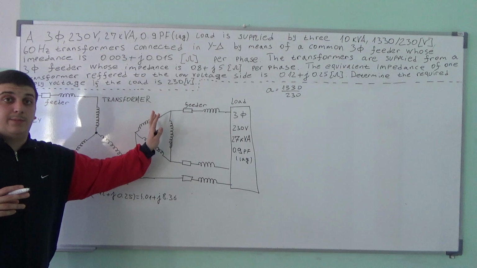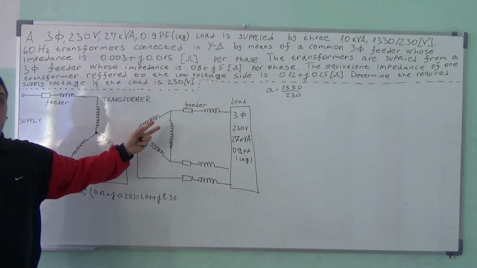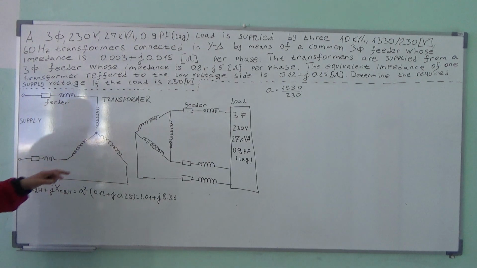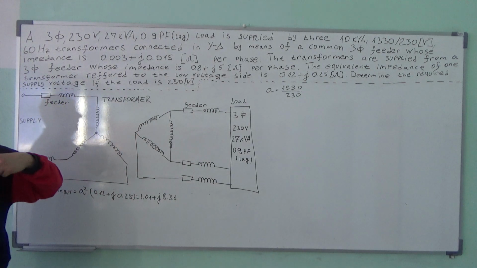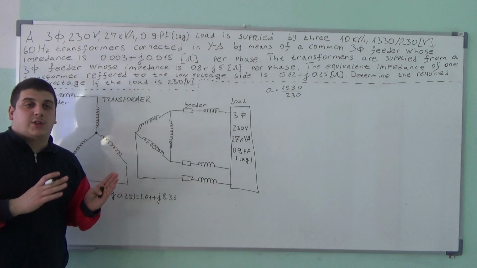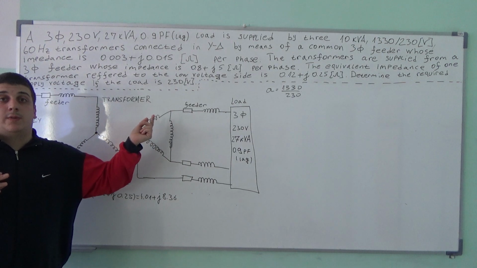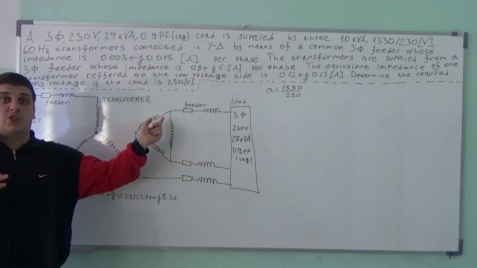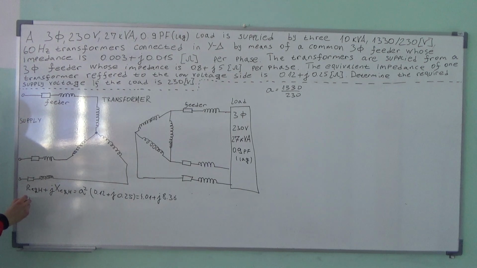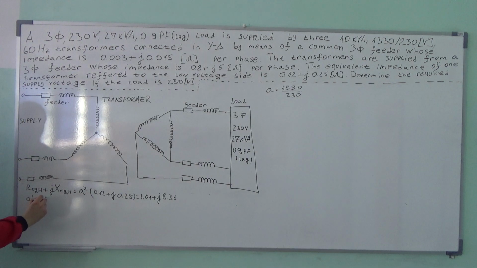So the impedance, we transfer it from here. Now we can connect this to a Y connection, not a delta. We're going to connect this to a star or Y connection. But for that we have to know the now equivalent turns ratio for the Y-Y, because, as we saw in the previous videos, the voltages change if we connect from delta to Y. So the new turns ratio, if we connect this from a delta to a Y transformer, is equal to the square root of 3 times it.